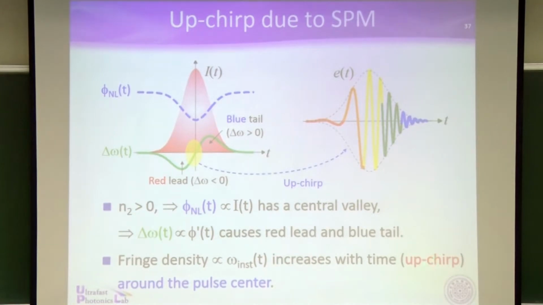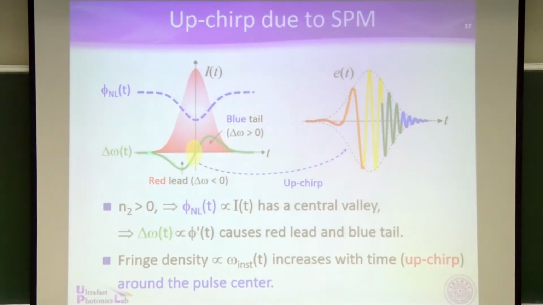But this is true only around the pulse center, which is highlighted here, okay? In this region, your instantaneous frequency is monotonically increasing. So it's a standard upchirp region. But for here and here, things are different, right?